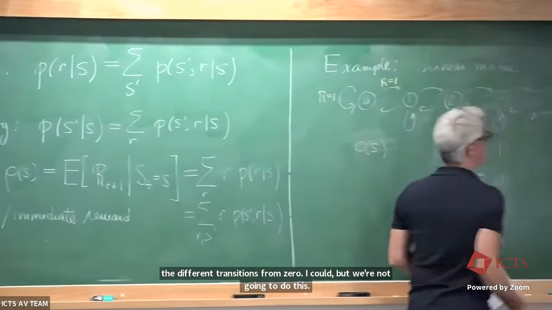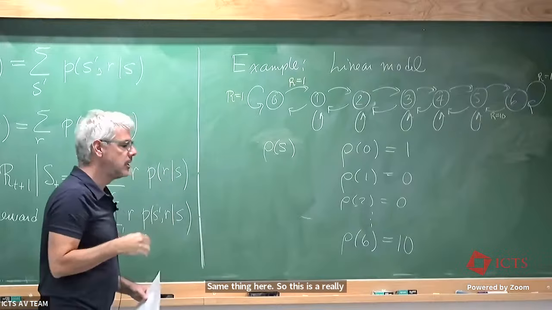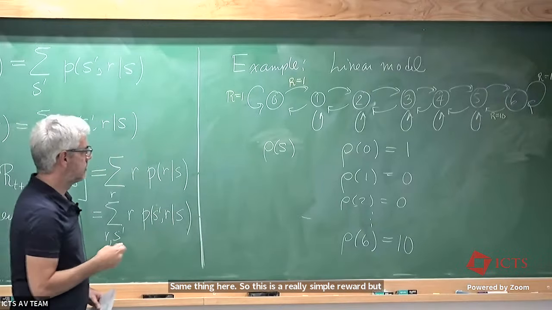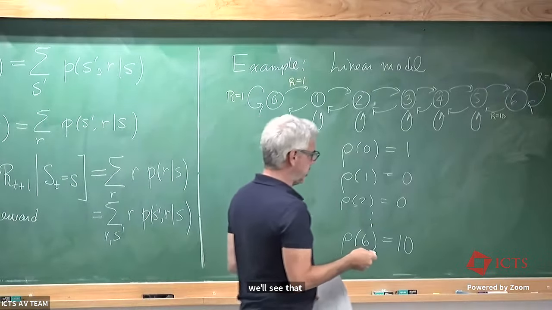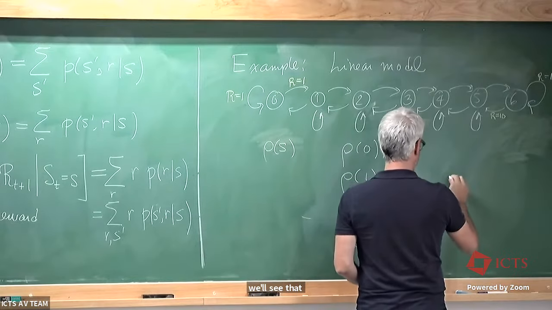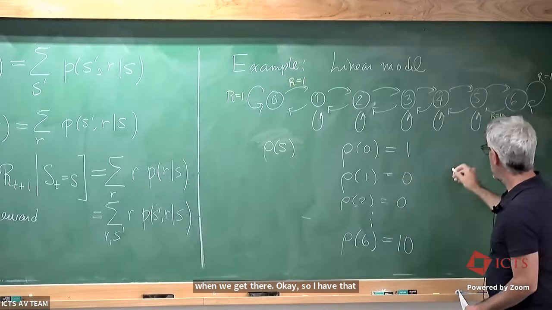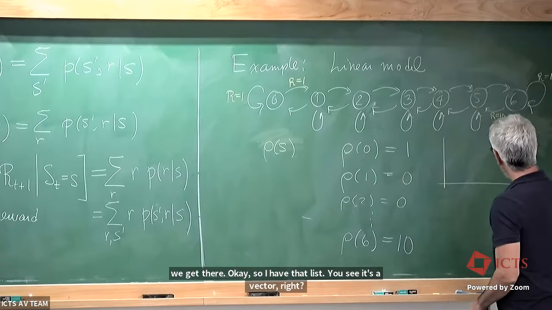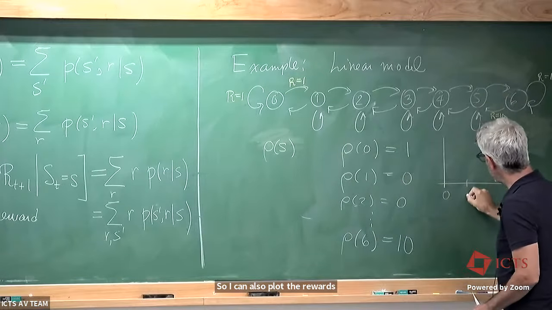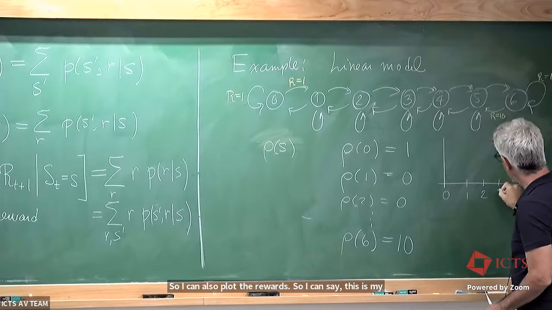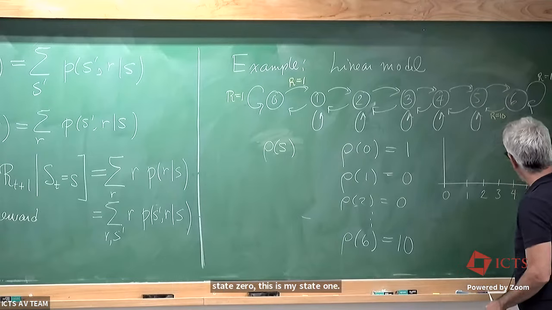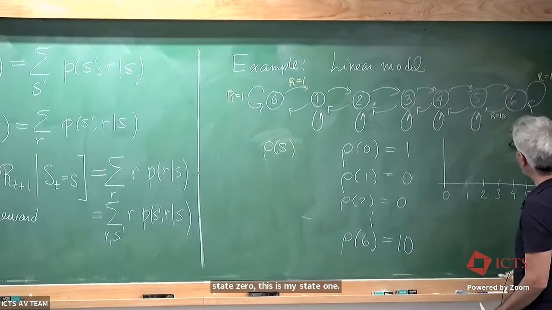Same thing here. So this is a really simple reward, but we'll see that we can make this more complicated actually in the control task when we get there. Okay, so I have that list. You see it's a vector, right? So I can also plot the reward. So I can say, this is my state 0, this is my state 1, 2, 3, 4, 5, and 6, and I can plot the reward.